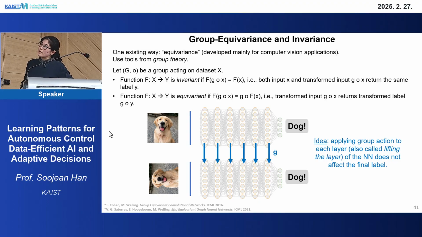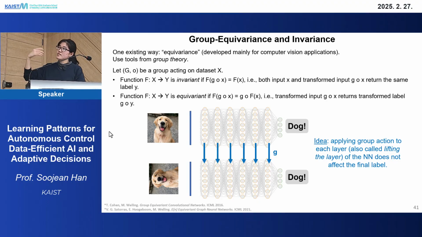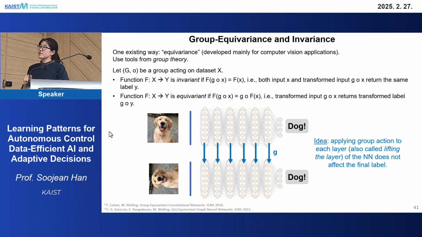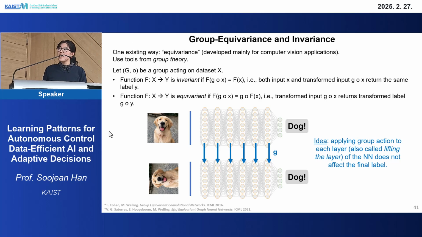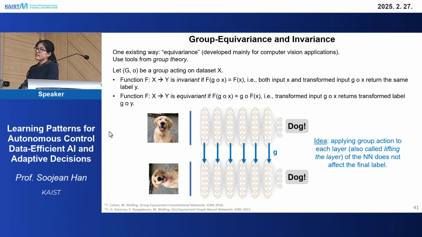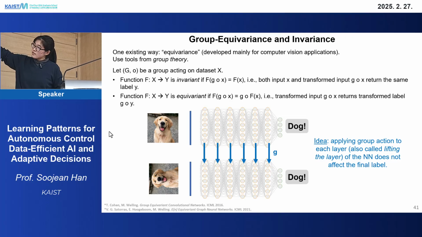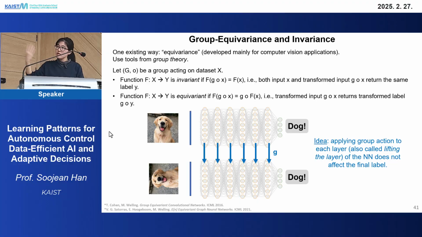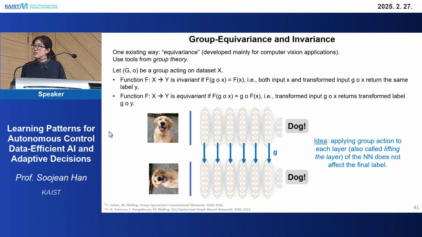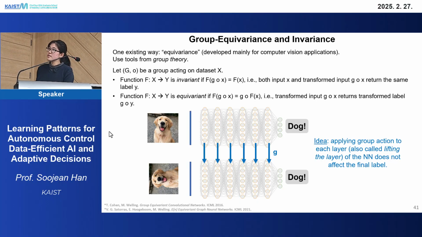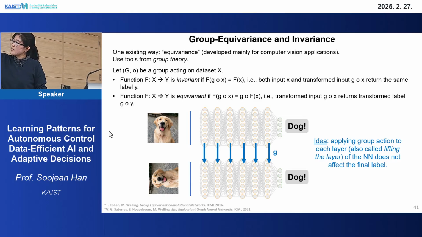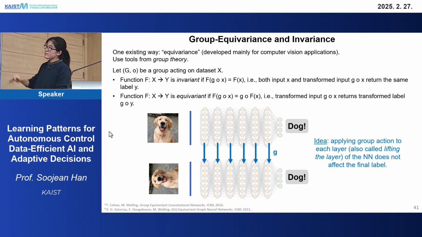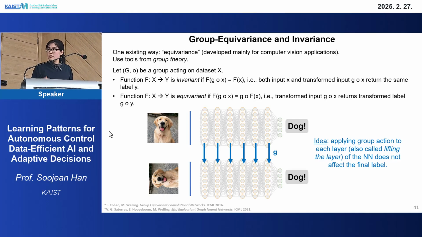Both the input and the transformed input return the same label if it's invariant, and the transformed input returns the transformed label if it is equivariant. A common example of this is image classification, where the rotated image of a dog should still yield the dog label. So basically we can reduce the number of parameters by simply applying these group actions. This is also called lifting the layer and reducing the number of parameters in this sense.